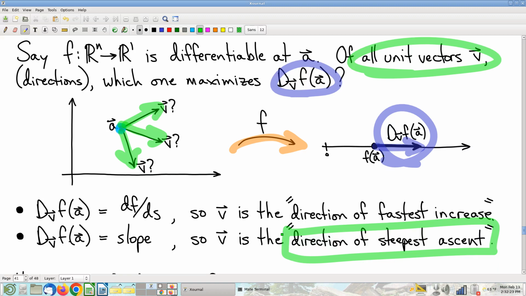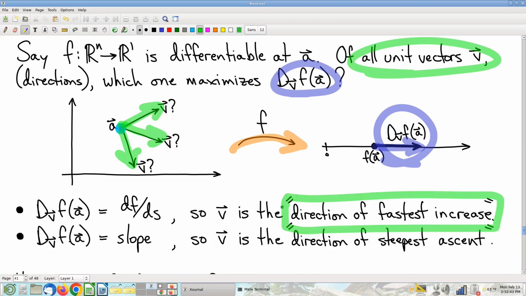I can't look at the graph. Interpreting the directional derivative as a slope only makes sense if you're looking at a graph. Very often I can't. So this is a reference to a point of view that might not exist. But no matter how you're looking at the function, direction of fastest increase always makes sense.